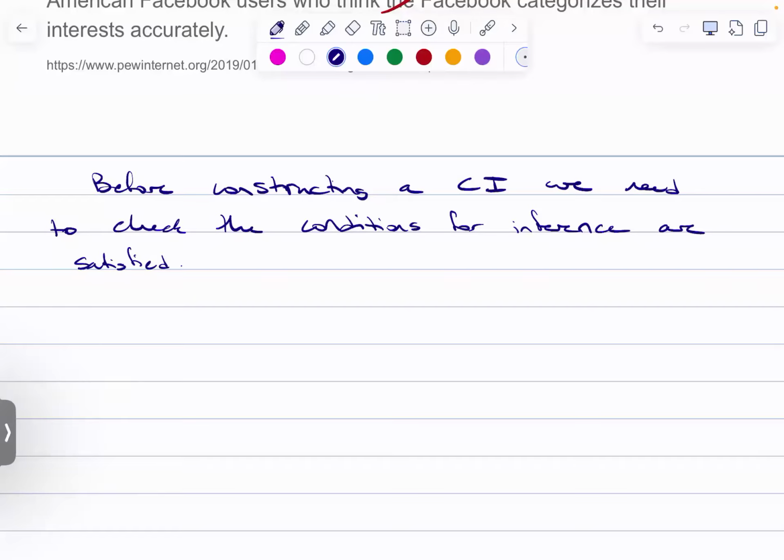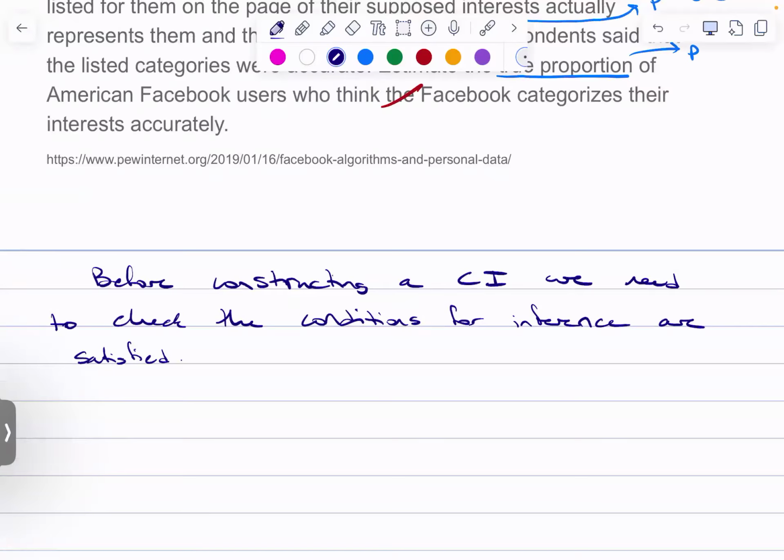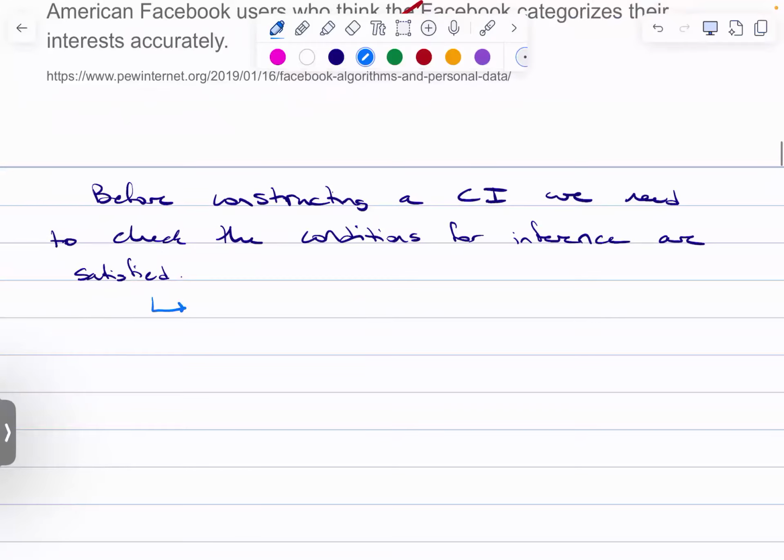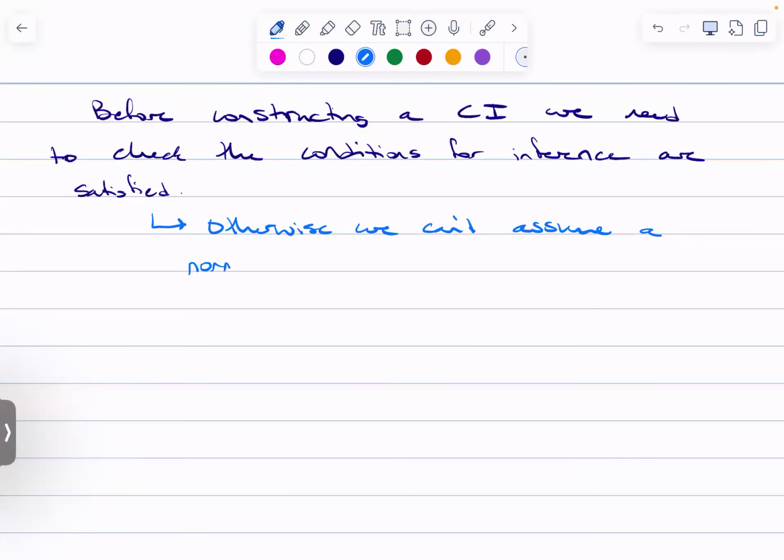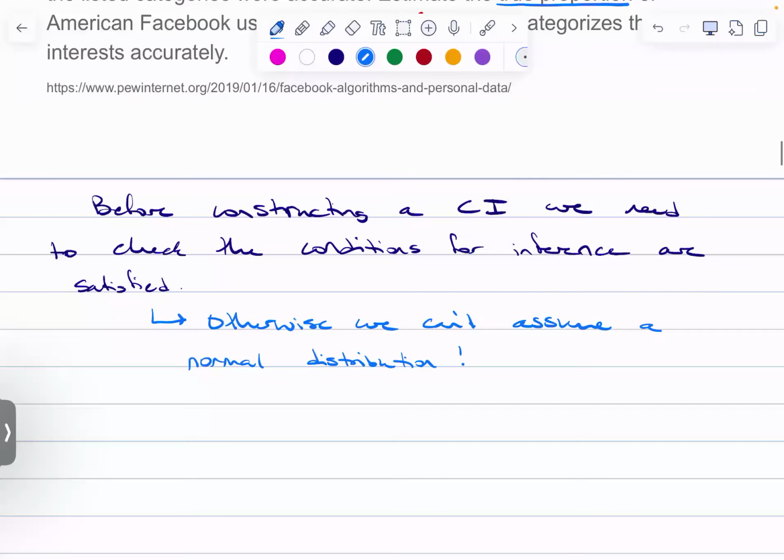In order to be able to use the normal distribution, and I'll highlight that here, otherwise we can't assume a normal distribution. And that would be bad, because everything we're doing relies on the normal distribution. So we have to check the conditions.